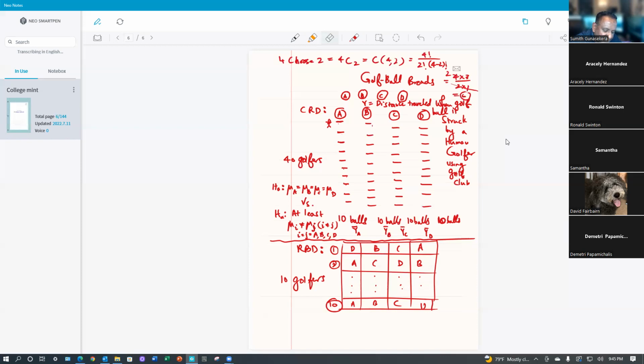There are 6 pairwise comparisons. 4 choose 2, 4C2, where C stands for combination. You have learned this already in previous classes.